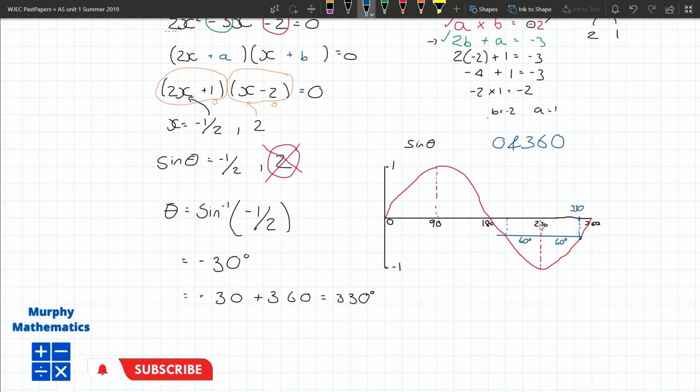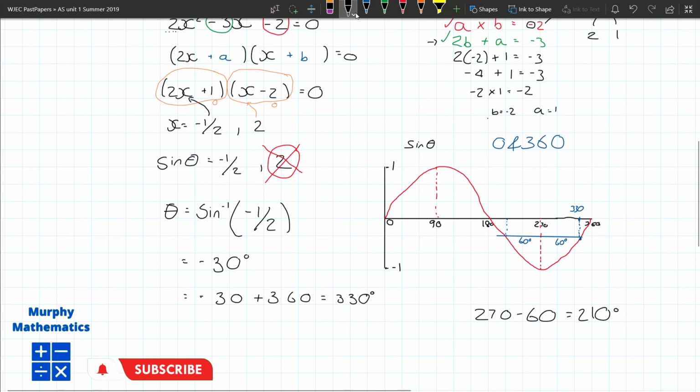So that means I have 60 degrees less than 270 degrees, so this will be 270 minus 60 degrees, which gives us 210 degrees. So I've now found that my theta values between 0 and 360 degrees are theta equals 210 degrees and 330 degrees. Great.